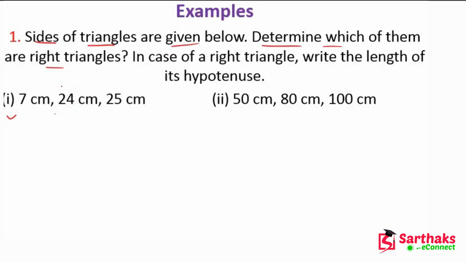Okay, so let's do that. The sides of the triangle are 7 centimeter, 24 centimeter and 25 centimeter. So squaring the length of the sides, if we square 7 centimeter, we get 49.